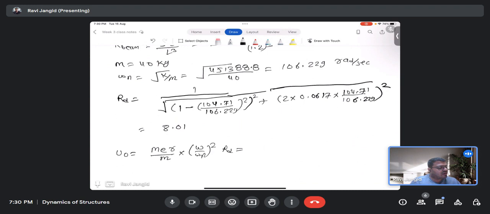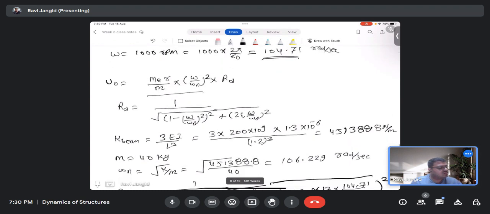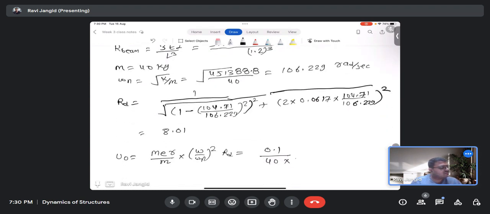That will become ME into R, which is 0.1, into M, which is 40 kg, omega n 106.229, and omega was 104.71 square.